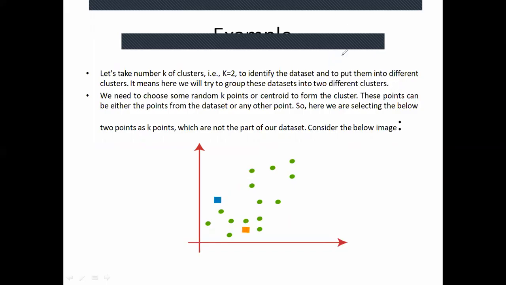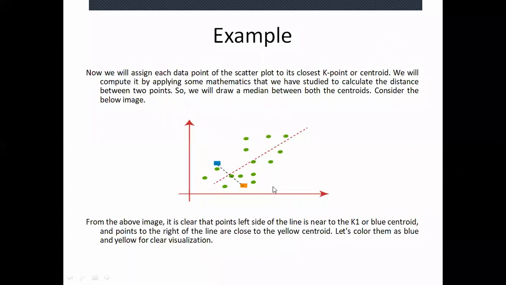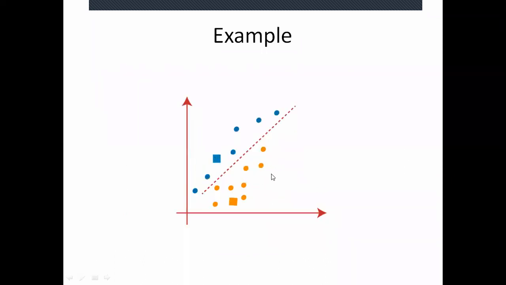In this example, the criterion they have taken to find the clusters is this: you join the 2 centroids by a line and then take a perpendicular line to this line. All the data points above this line belong to the blue cluster, and all the data points below this line belong to the orange cluster. So you will have 2 clusters like this.